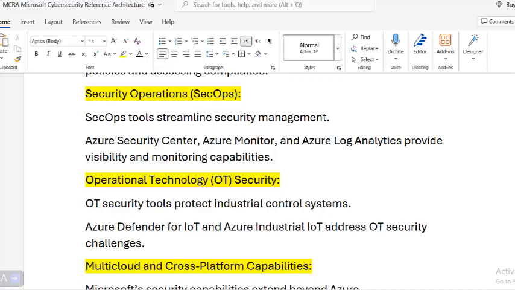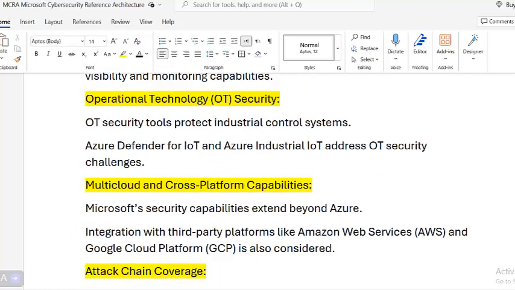Azure Security Center, Azure Monitor, and Azure Log Analytics provide visibility and monitoring capabilities. Operational technology security. OT, or operational technology, security tools protect industrial control systems, so ICS. Azure Defender for IoT and Azure Industrial IoT address OT security challenges.